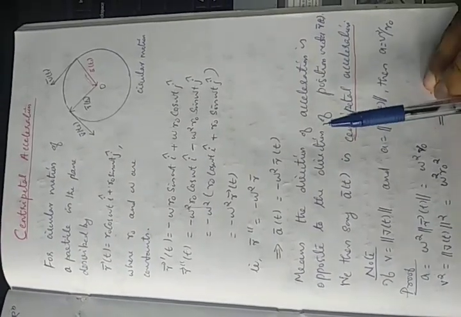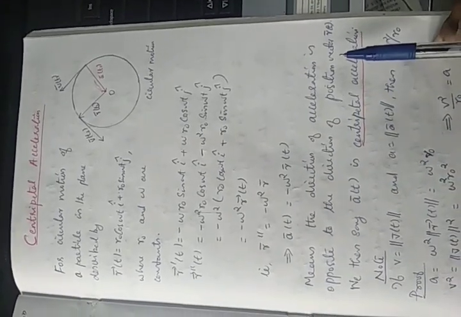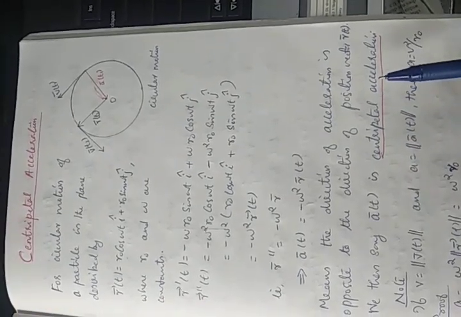Since the direction of acceleration is opposite to the direction of position vector r of t, we say that a of t is the centripetal acceleration.